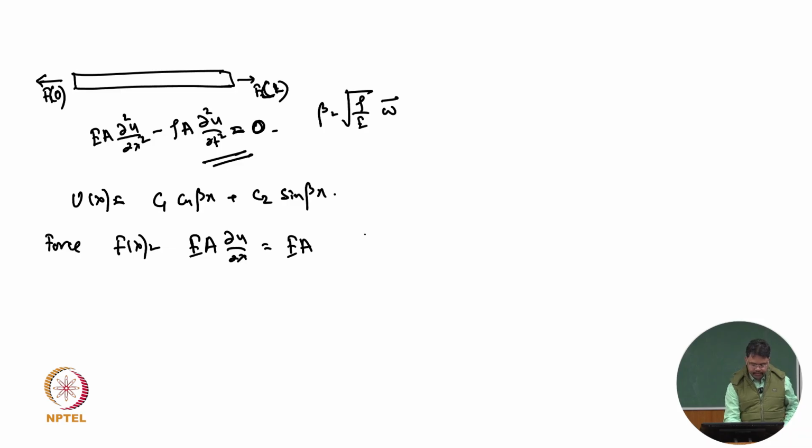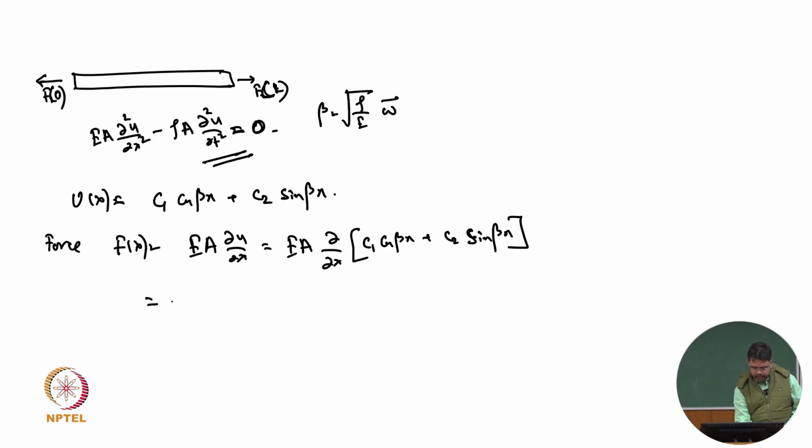So EA, then del X of C1 cos beta x plus C2 sin beta x. So what can we get? EA, then beta times minus sin beta x C1 plus beta cos beta x C2.